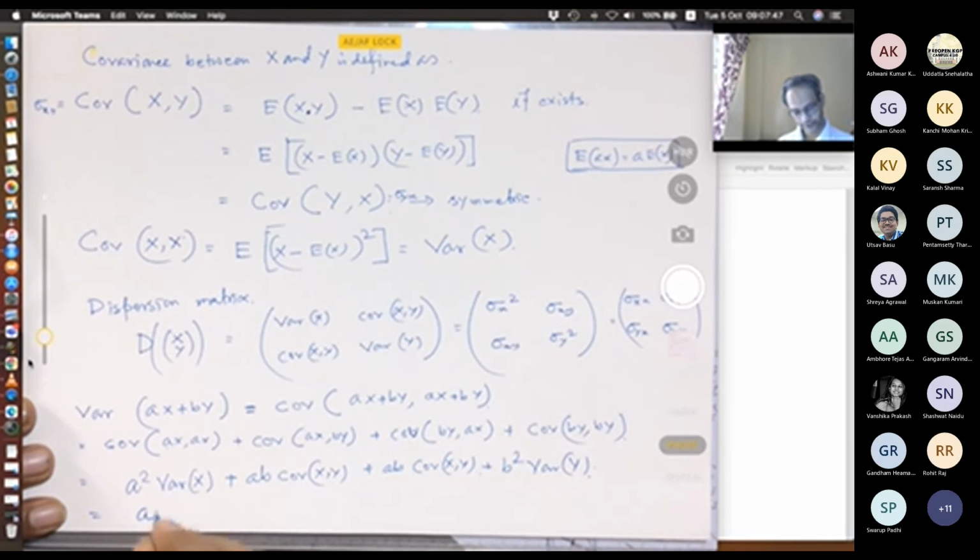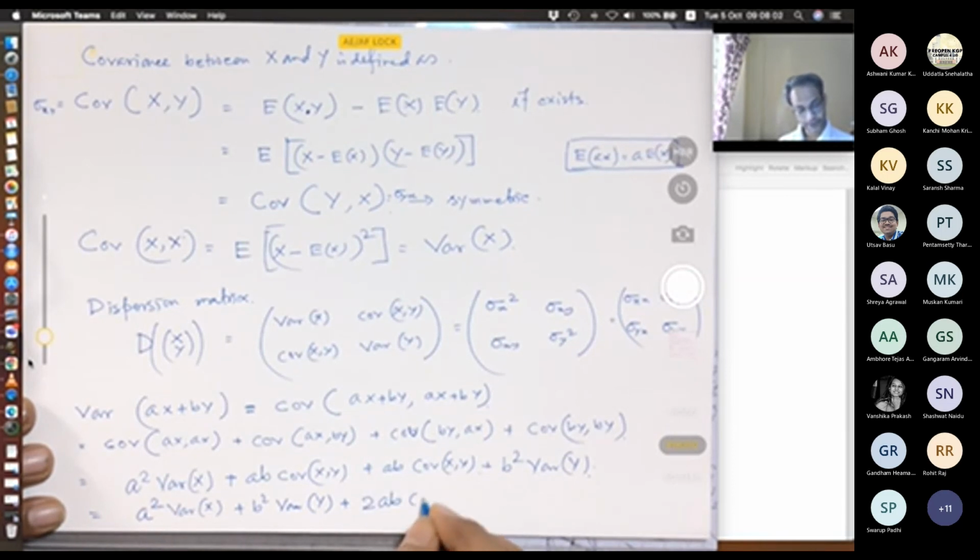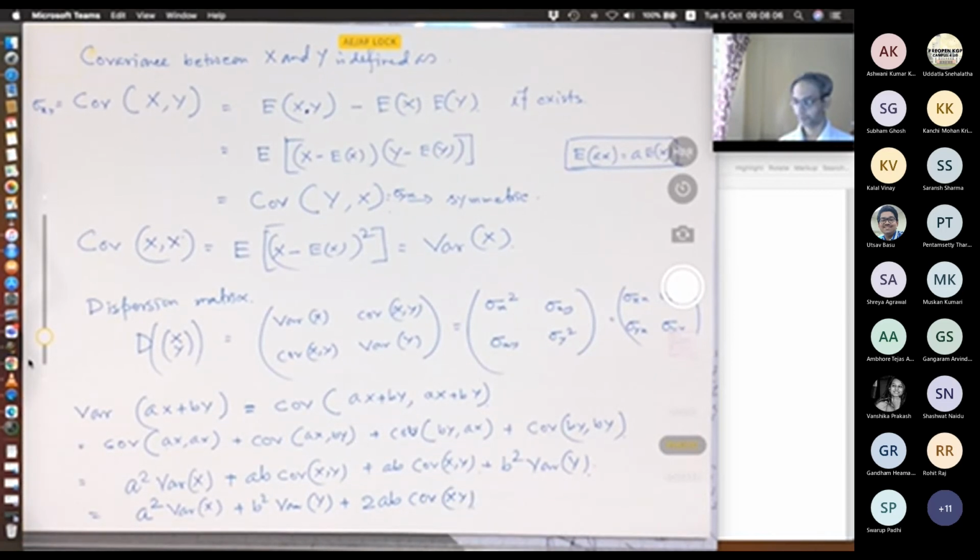So now you know the general formula: A squared variance of x plus B squared variance of y plus 2 times AB covariance of xy. Got it?